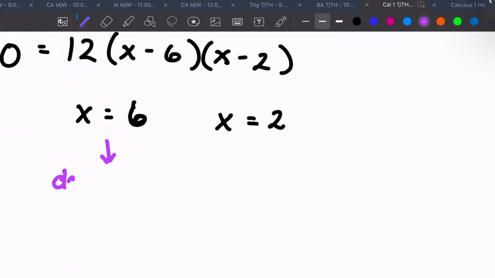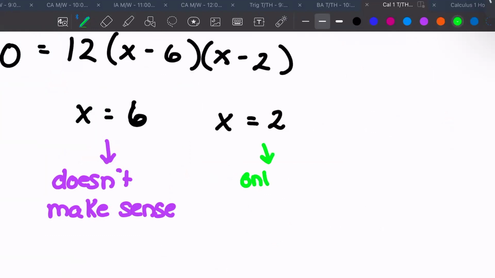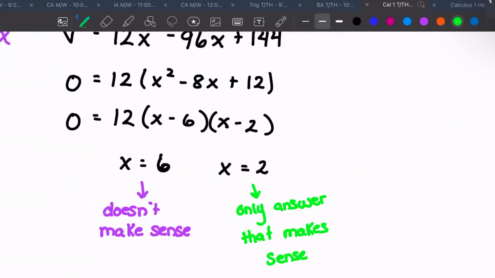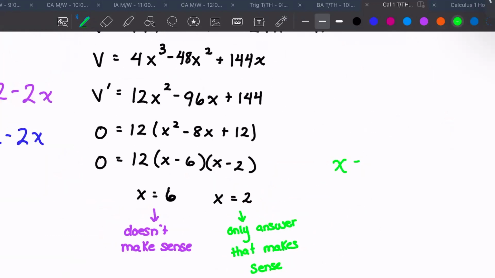This doesn't make sense. This one does. This is the only answer that makes sense. So x equals 2.